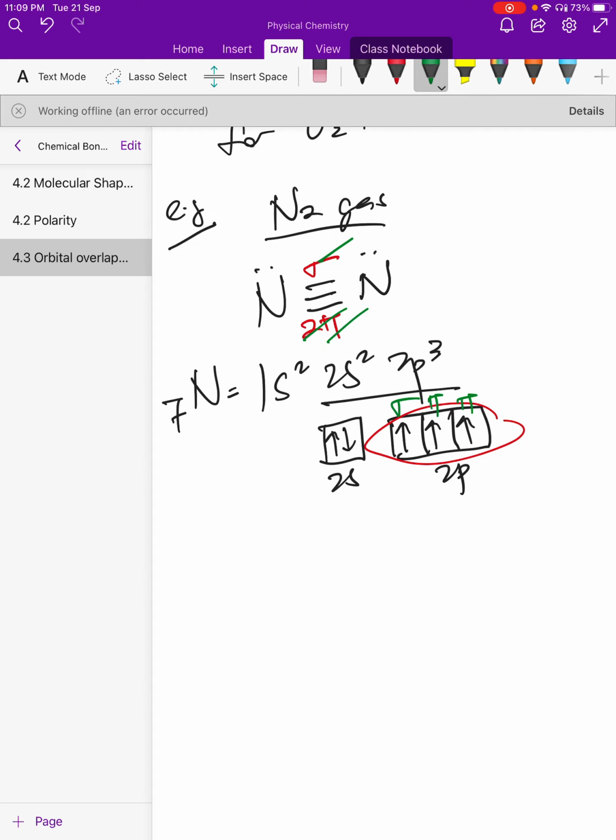So we start drawing the first one, the base, that is the sigma bond. This is nitrogen on the left hand side. This is nitrogen on the right hand side.